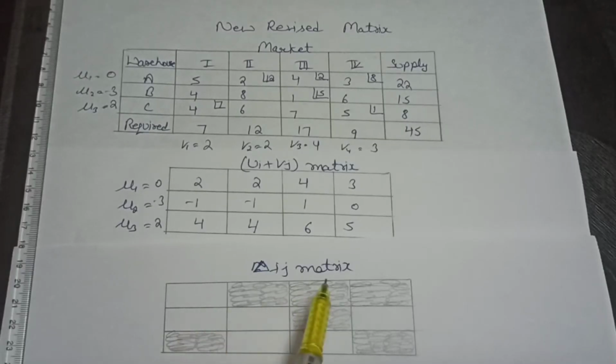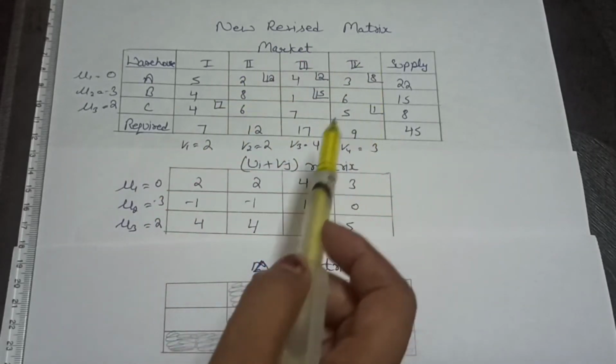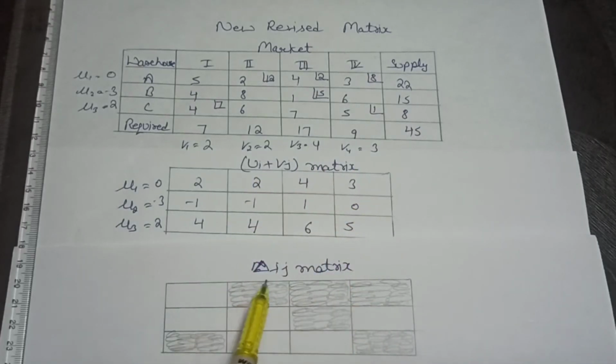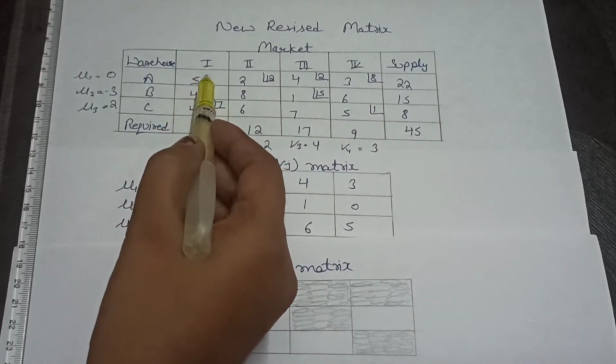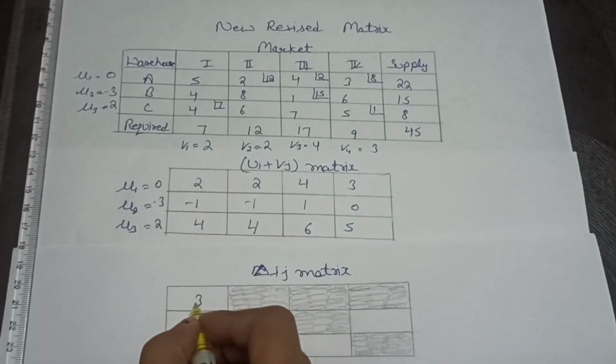Now we have to calculate this matrix with the help of our new revised matrix and the ui plus vj matrix. Students, you can see these are our allocated cells and these blank cells are our unallocated cells. We have to calculate values for these unallocated cells. For this cell, we write the difference of this cell and this cell: 5 minus 2 is equal to 3.